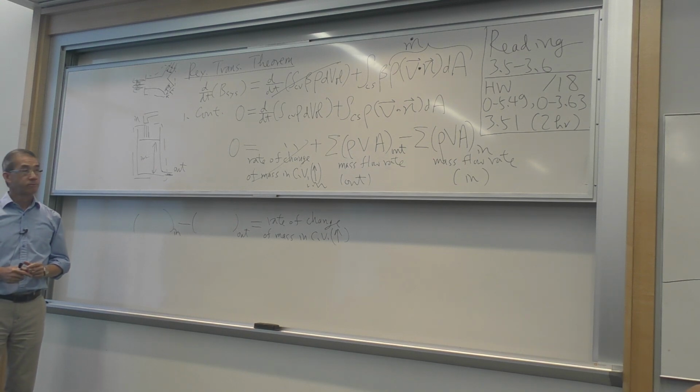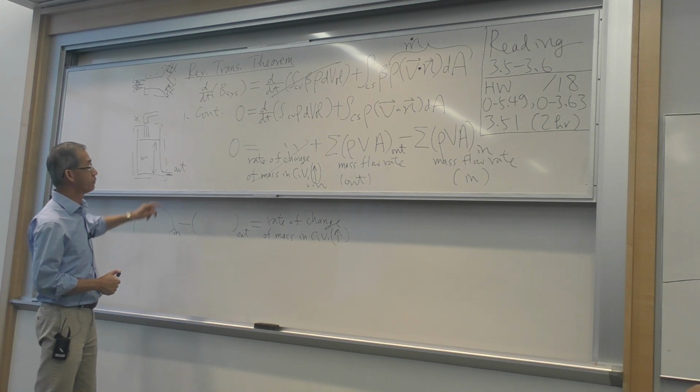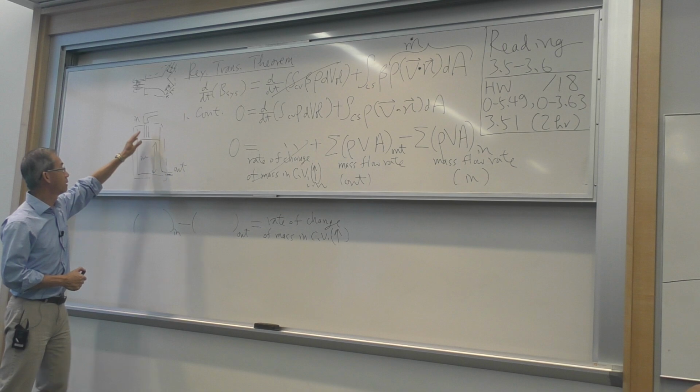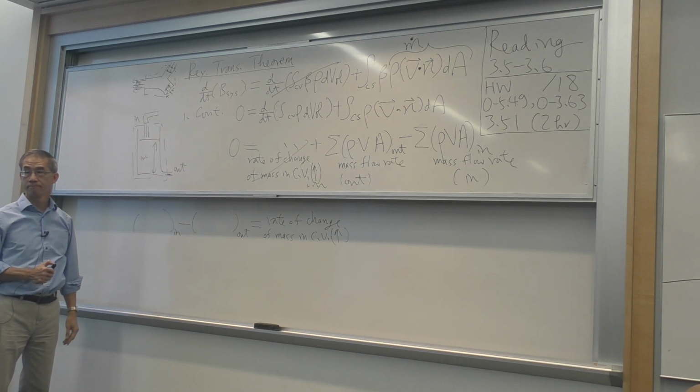So your first unsteady term, what would be a case where you couldn't neglect that? Here? Yeah. It's easier to see that for the continuity equation. If I have more flow coming in than is going out, the water level will rise. What about for the momentum?